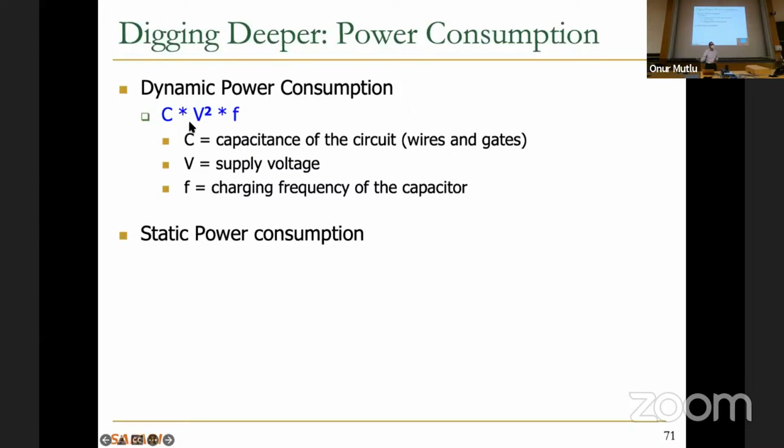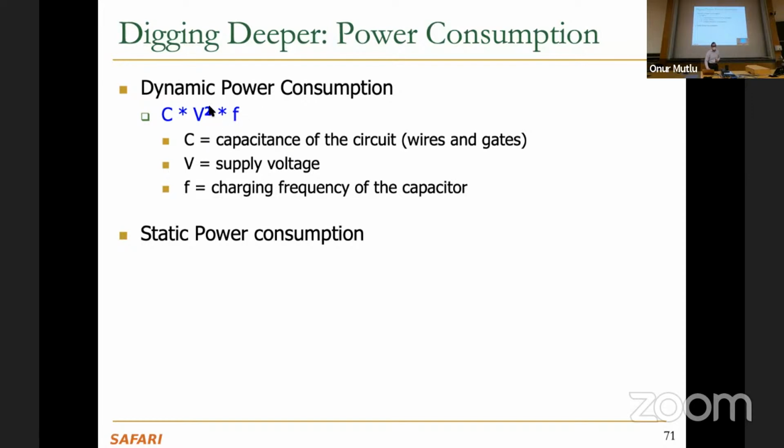In fact, there's a direct relationship over here. The frequency of charging and discharging the capacitors depends on the voltage. As you reduce the voltage, the frequency of charging and discharging also reduces. So you can think of frequency as being proportional to voltage as well.